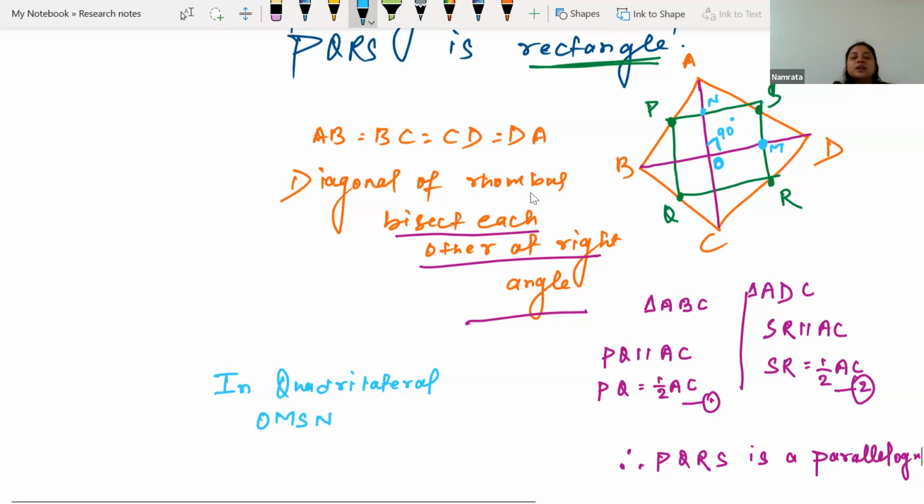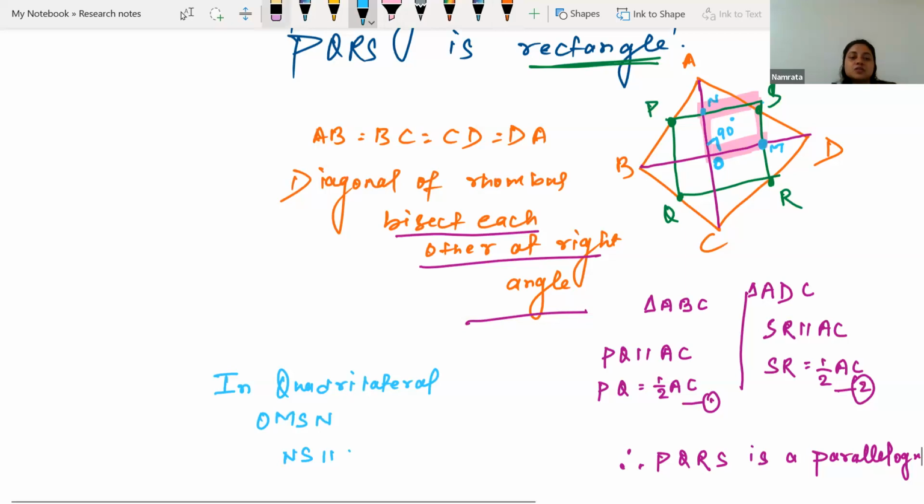So in quadrilateral OMSN, just keep your eyes on OMSN. We are talking about this quadrilateral OMSN. Now what we know?